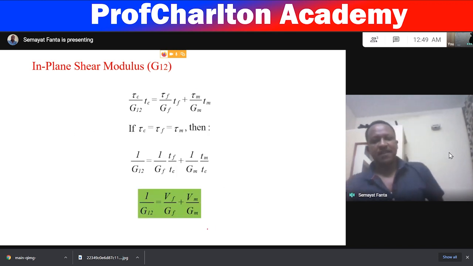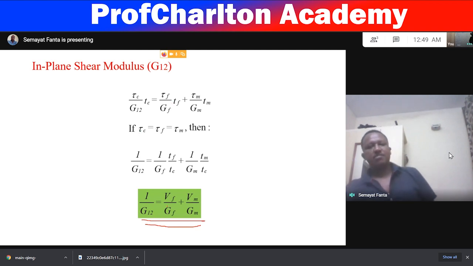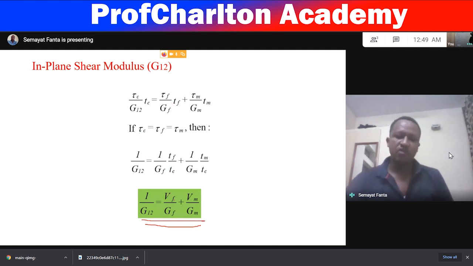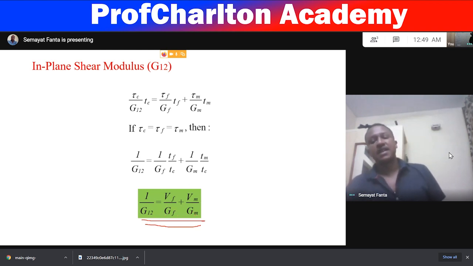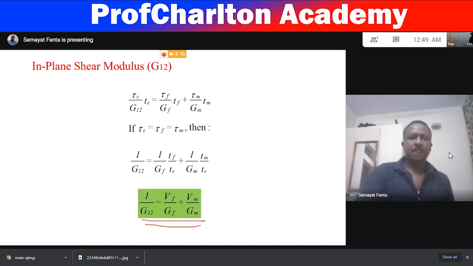So this relation finally gives us this formula: 1 over G12, the in-plane shear modulus, is equal to volume fraction of fiber over shear modulus of fiber plus volume fraction of matrix over shear modulus of matrix.